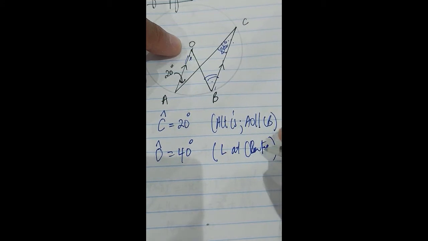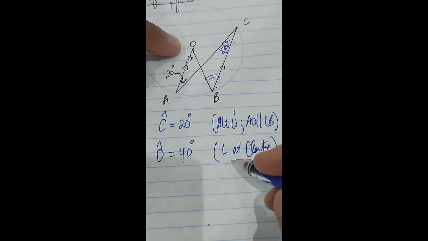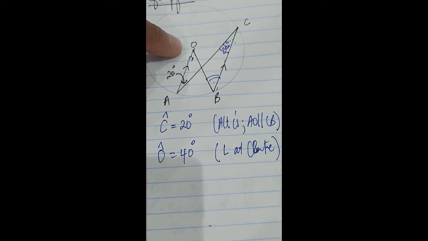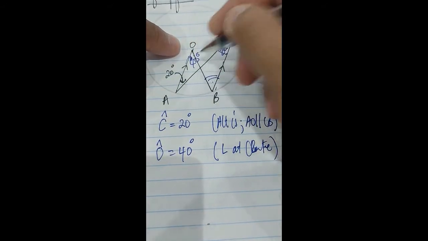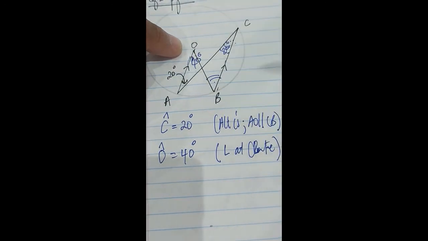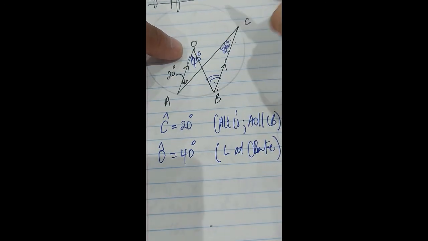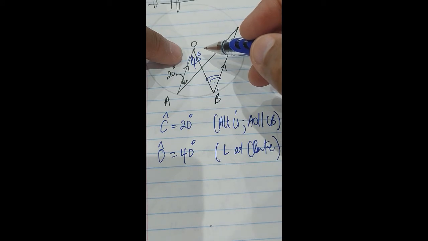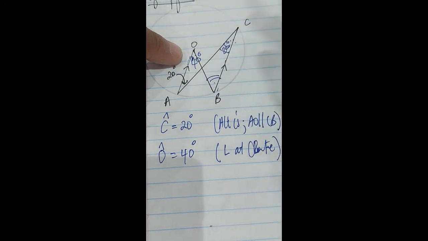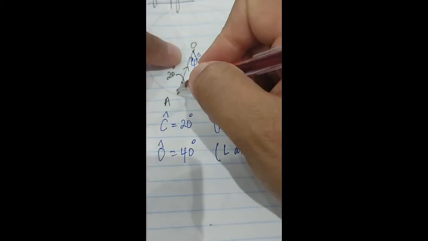As I told you before, you can write our theorem out, which says angle at center is twice angle at circumference, but this is sufficient. This is enough. So that is 40 degrees there. Again, you see me populating the diagram. And then the alternate angles coming in here again, this way.